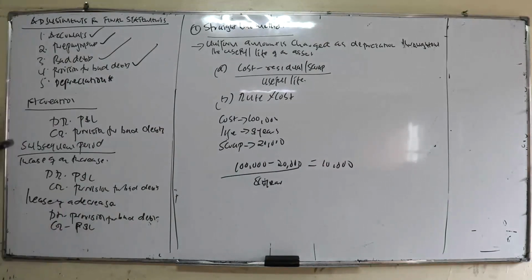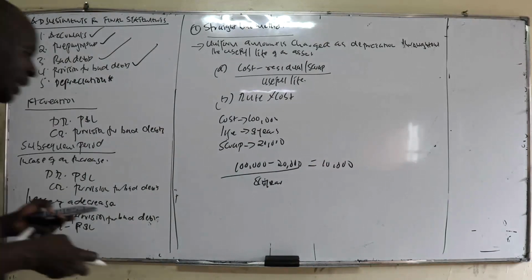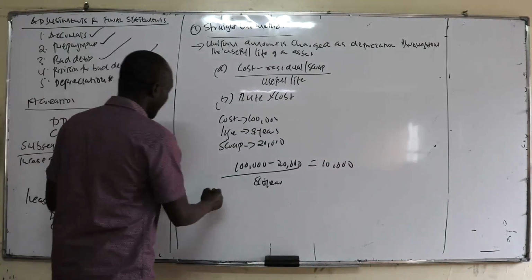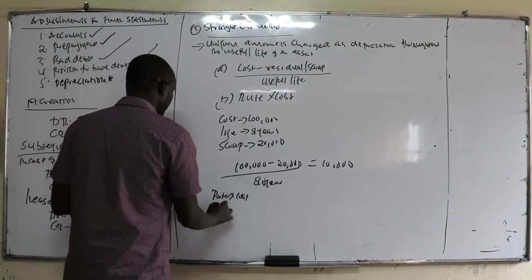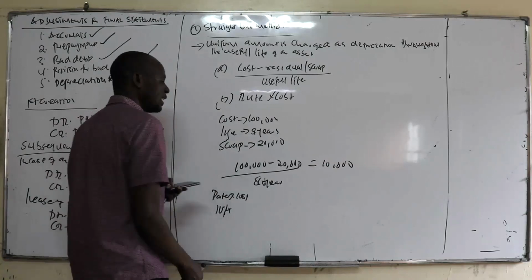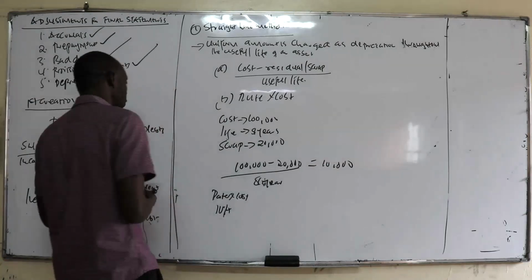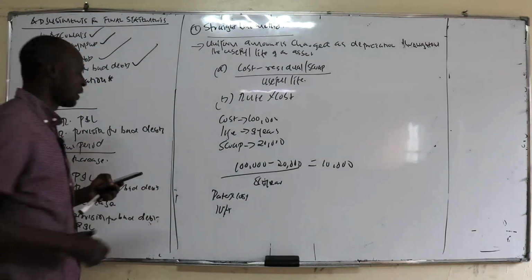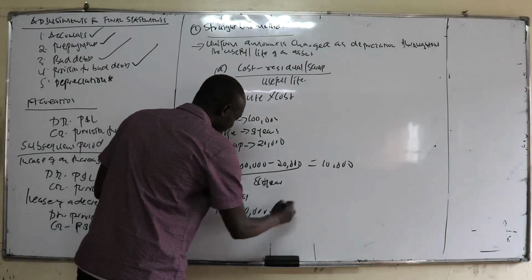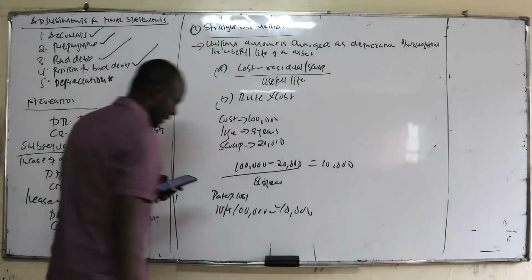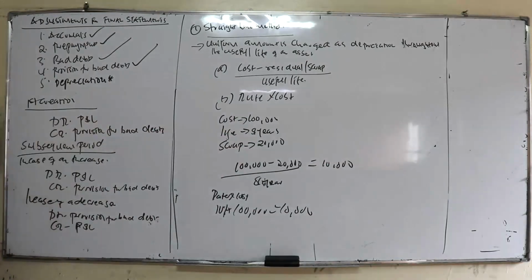Alternatively, you can determine it's going to be 10% on the cost every year. If you've been given the rate, you're going to apply the rate against the cost. The rate is determined by the management, depending on many factors, times 100,000. So that is going to be 10,000 every year for 8 years. That is what we call the straight line method of determining depreciation.